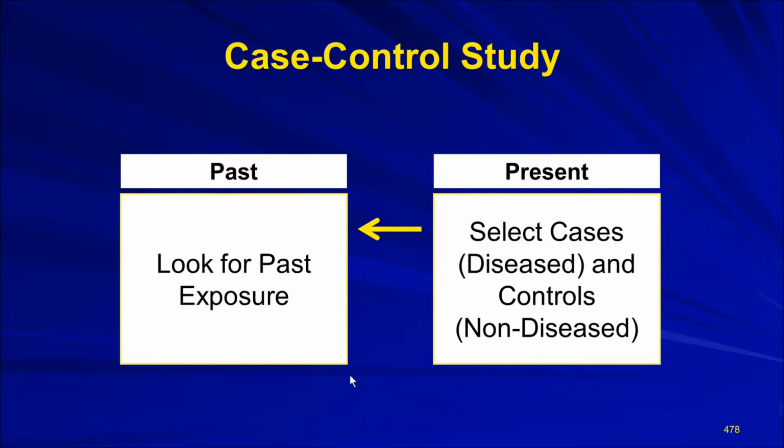So let me give you an off-the-wall example and make it as profound as I can. Let's say we have 3 packs a day smokers, so they're smoking 60 cigarettes a day. Those would be the cases.